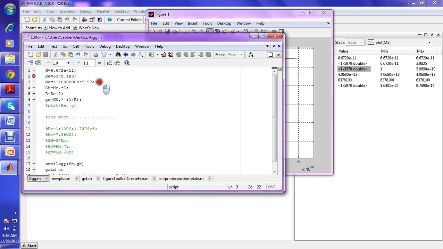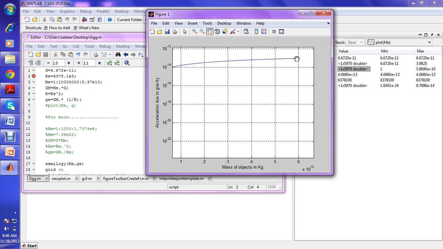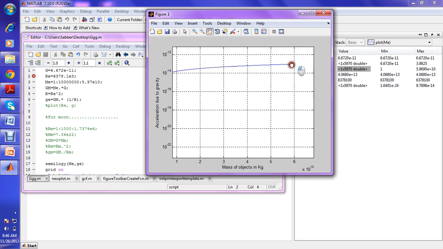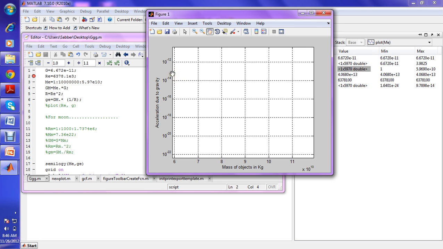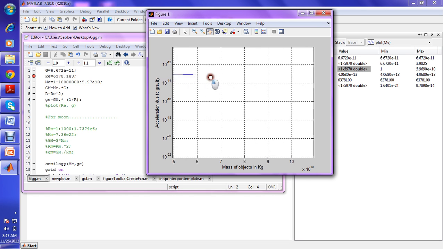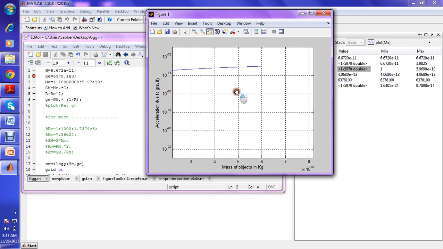So for an object having the mass 5.97 10 to the power 10 kg and the same constant radius, what is the gravity? The acceleration due to gravity is about 10 to the power minus 13 meter per second square.